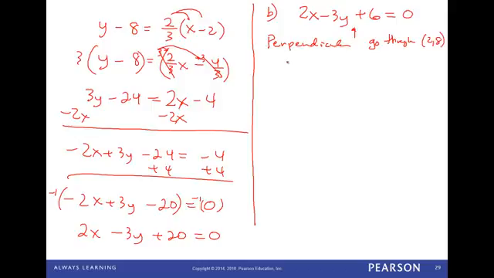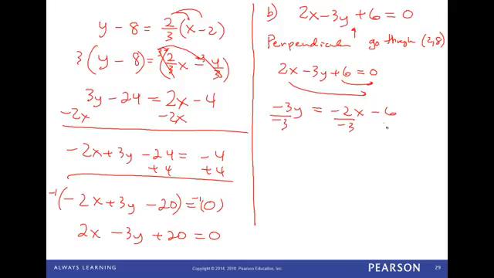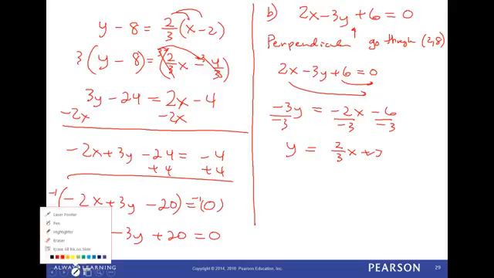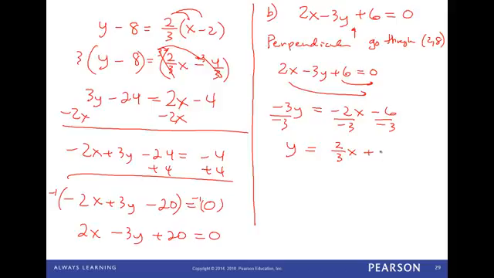This is example 9. So I'm going to take this and solve it for the y value. I can subtract 6, bring it over to this side, subtract 2x, bring it over to this side, so I'm left with -3y is equal to -2x minus 6. Divide through by -3 everywhere. y is equal to 2 over 3 x plus 2.